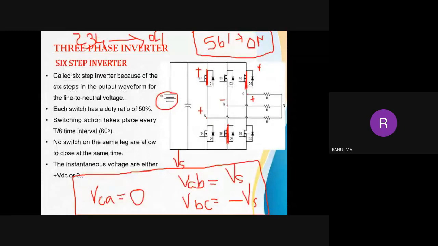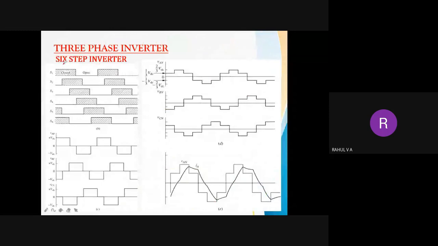Now we will go for this waveform. This is the first 60 degrees. As I said, S1 is turned on, S5 is turned on, S6 is turned on. So VAB is positive, VBC is negative, and VCA is 0.